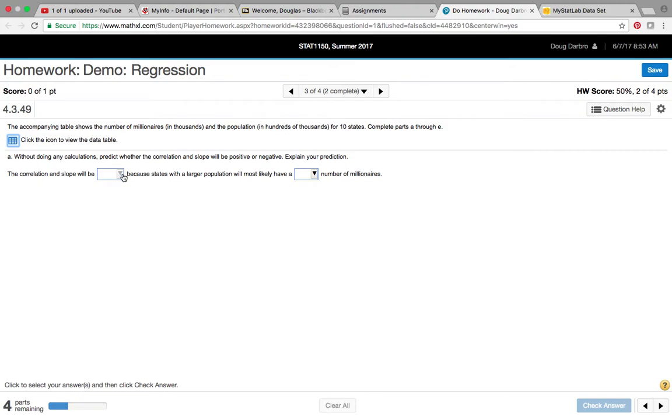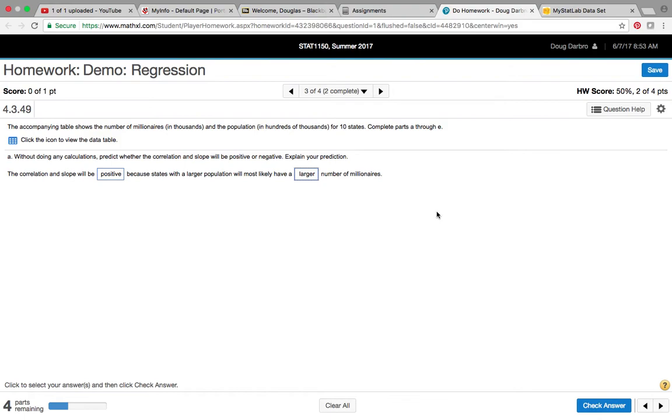Well guys, they're both going to be positive, because you would think that the more people you have, the more likelihood you're going to have millionaires. You might say, if you want to be stubborn, I don't know anything about the relationship between millionaires and the population of a state.